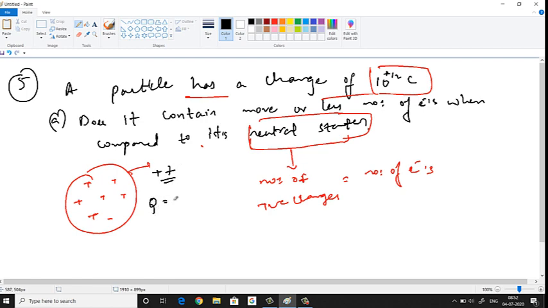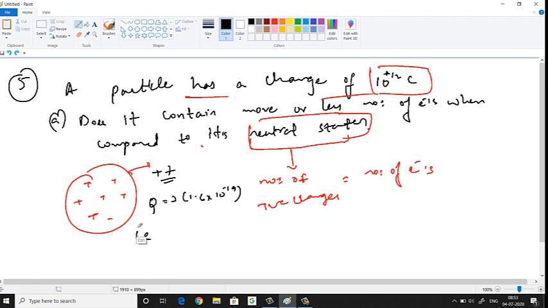So what is the charge? So the charge is going to be 7 into 1.6 into 10 power minus 19. Why? Because the charge on one positive charge is how much? 1.6 into 10 power minus 19. For 7 it will be 7 into 1.6 into 10 power minus 19 coulombs. Right? That only we are doing.